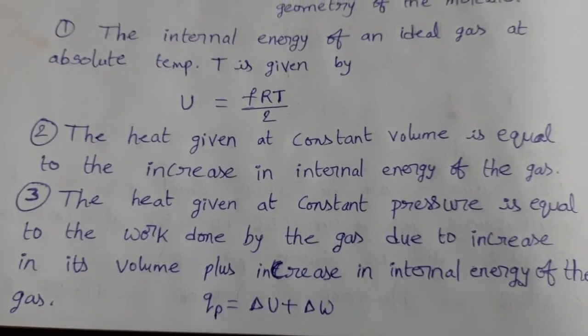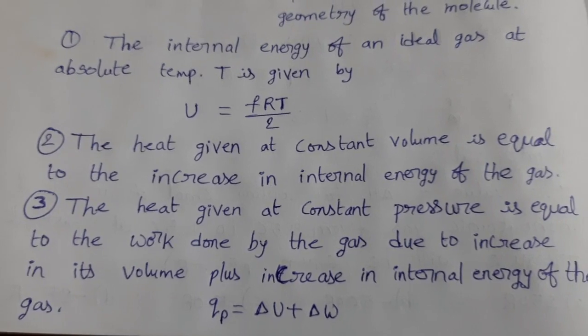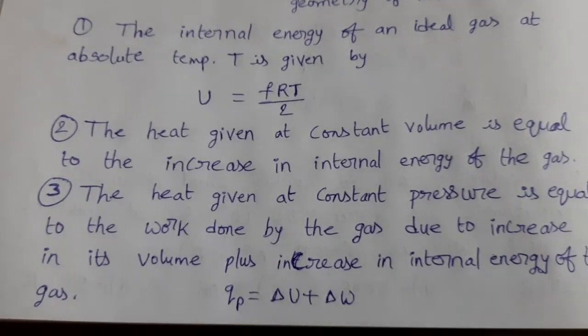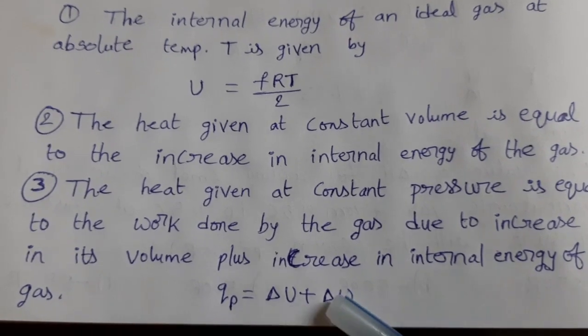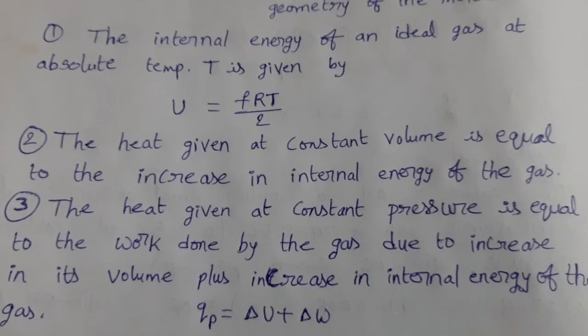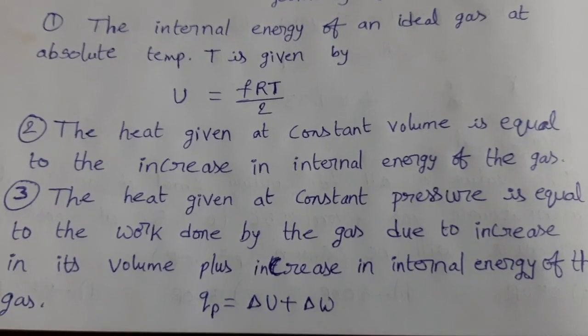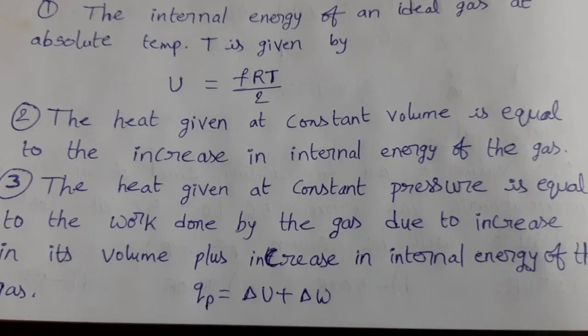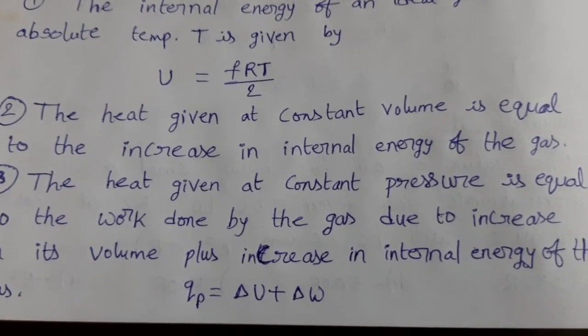Because of that, volume of the substance increases. Then some work is done by the gas, that is delta W, and also internal energy is increased. That's why the supplied heat energy at constant pressure is QP equal to delta U plus delta W.